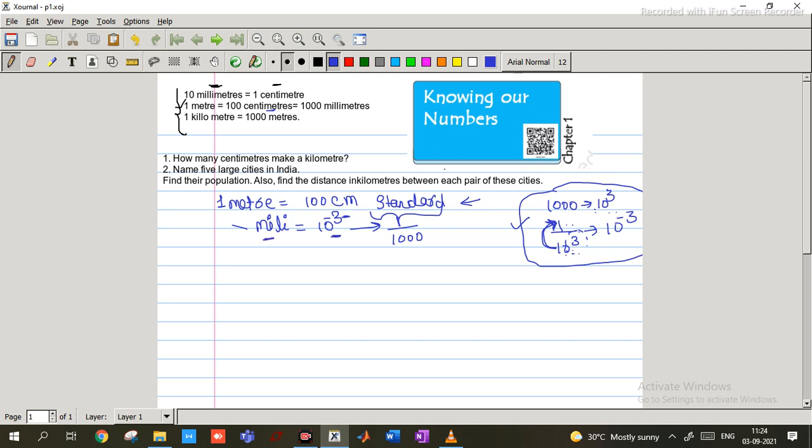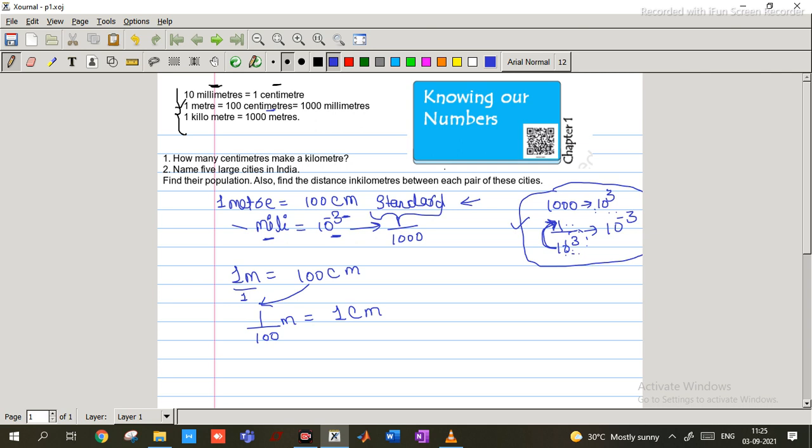When I said 1 meter is equal to 100 centimeter, suppose I take this 100 down, can I do cross multiplication like this? So 1 by 100 meter will be equal to 1 centimeter.